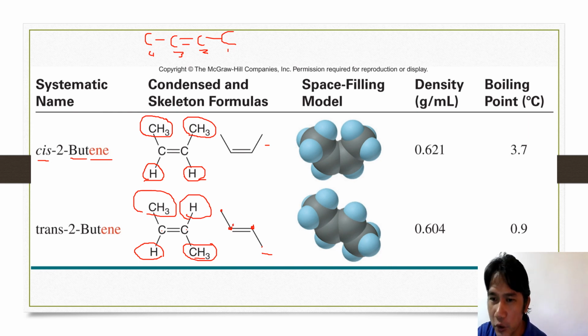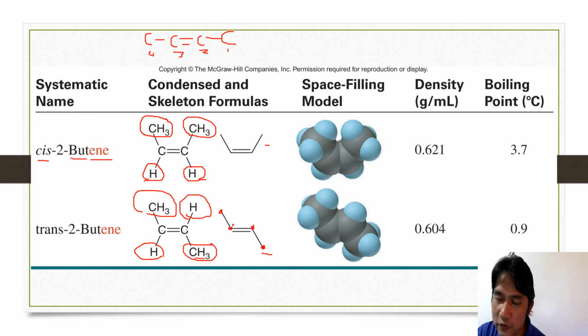In a line formula, we don't need to write the hydrogen atoms anymore. But it is understood that on this carbon, there are 3 hydrogens. Likewise, there are also 3 hydrogens here.